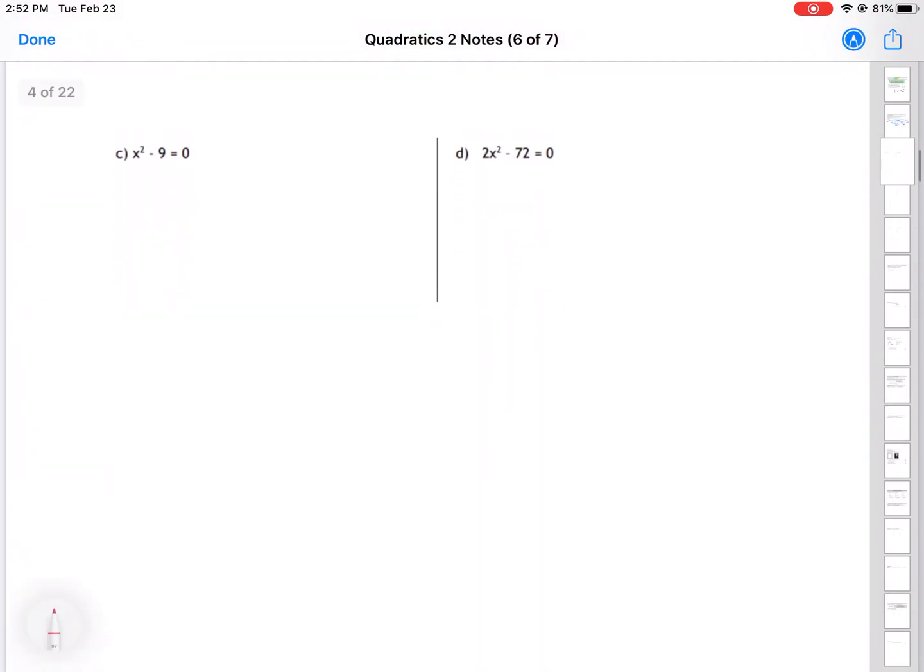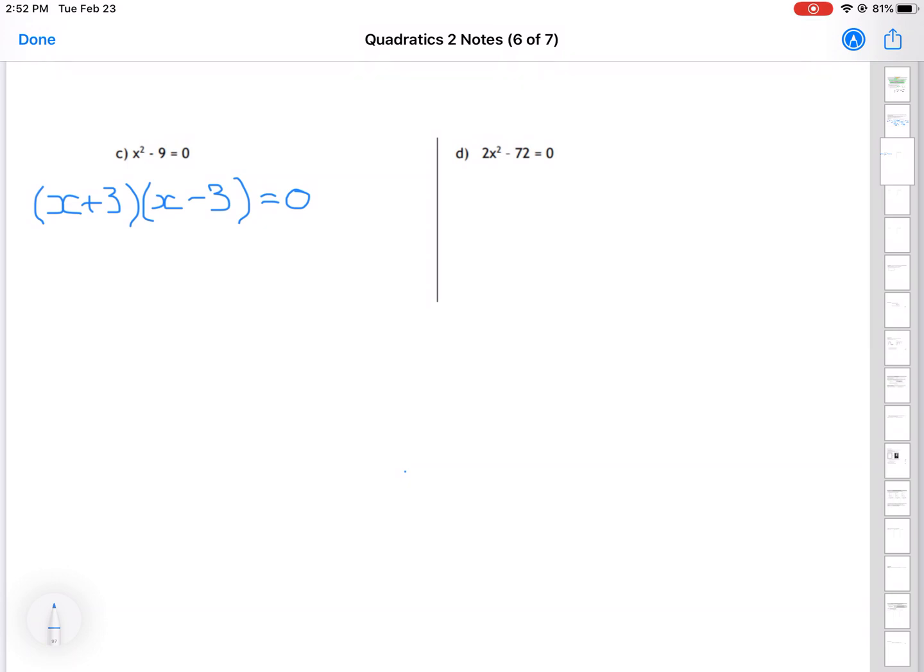So on to questions C and D. Another way that we can factorise our terms, so x squared minus 9, we can use difference of two squares. This is where we end up with two brackets. We have the same thing in both brackets, just one with a plus and one with a minus. So in this case, we have x plus 3 and x minus 3, and all of that equals 0.